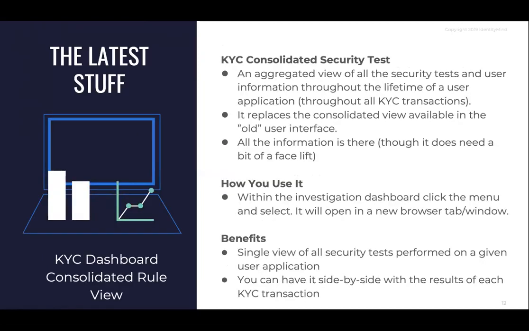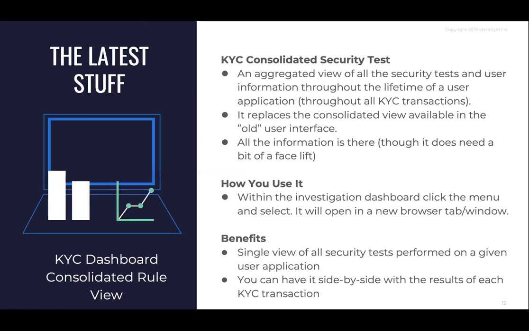As part of the latest release, one of the issues that we have been addressing is how to aggregate information about the different KYC transactions that are sent. Today we have the notion of a KYC application. The idea is how you aggregate all the rules and information associated throughout those applications, throughout those transactions, sorry.